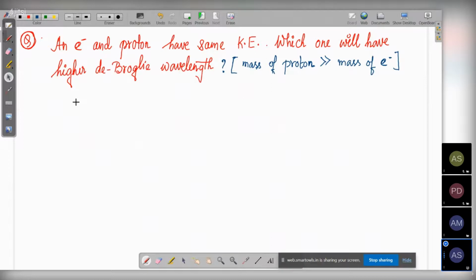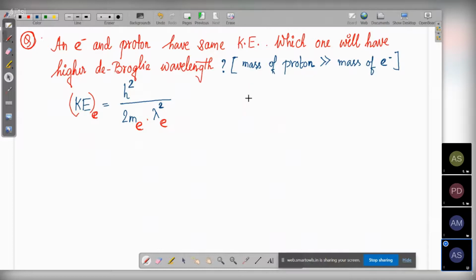Kinetic energy is equal to h square by 2 m lambda square. Since you are doing it for electron, let's mark it: kinetic energy of electron is equal to h square by 2 times mass of electron into the wavelength of it squared. We are just marking them up.